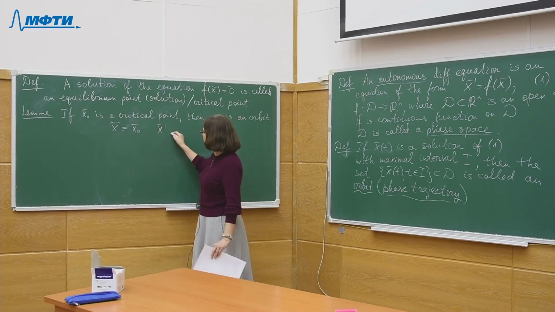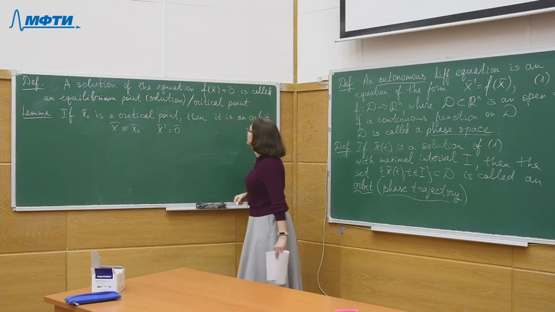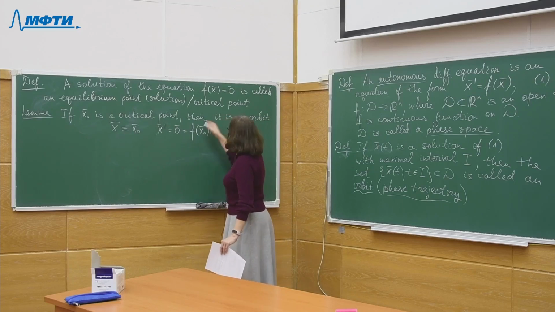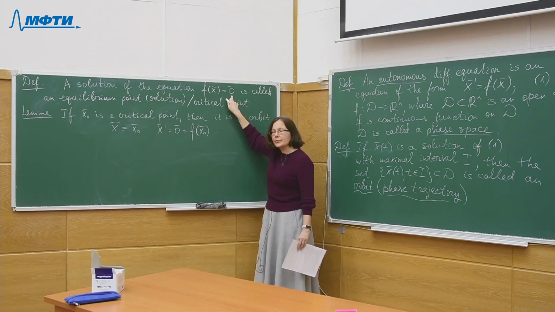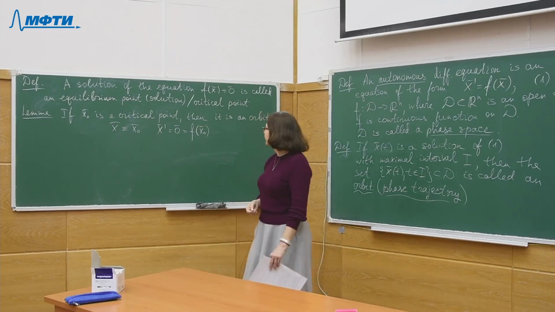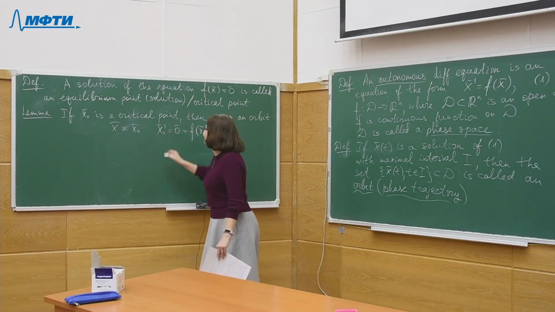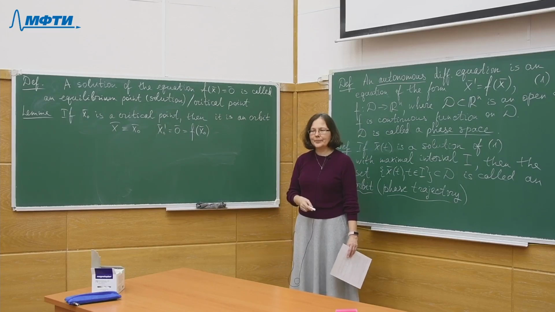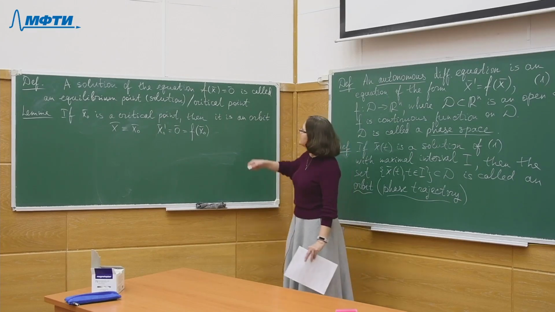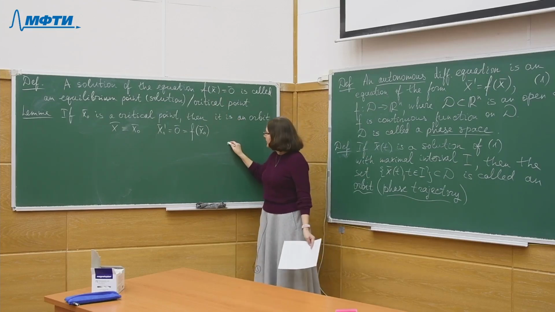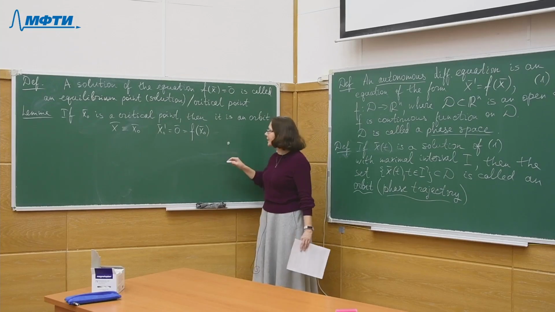But the derivative is also equal to f of x0, because x0 is the solution of this equation. So if x0 satisfies this equation, then the point is an orbit, a critical point or an orbit in phase space.